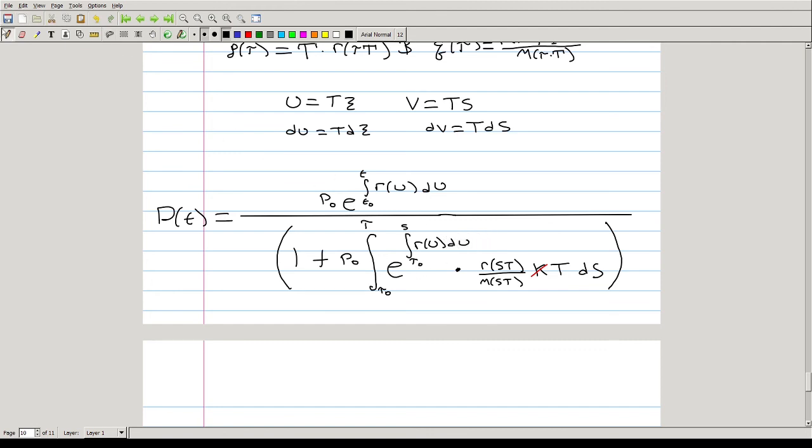This is now from t naught to v. This outer integral is from t naught to t.